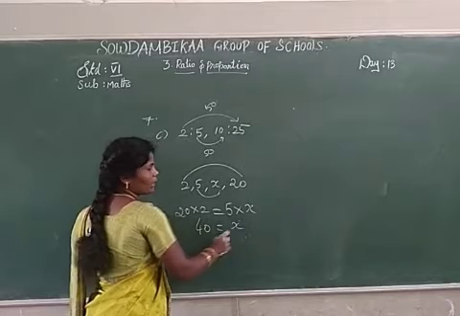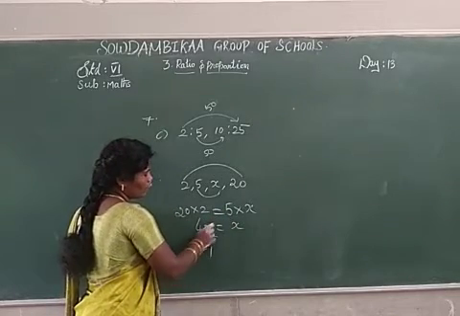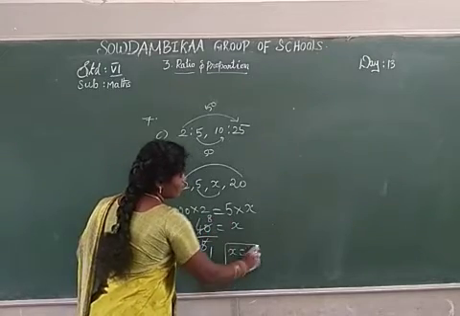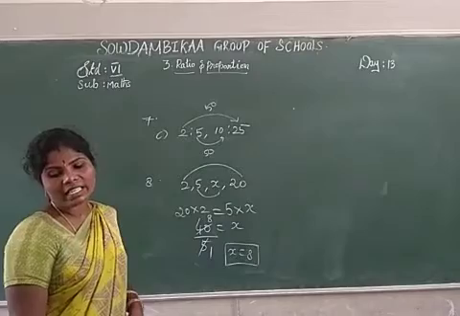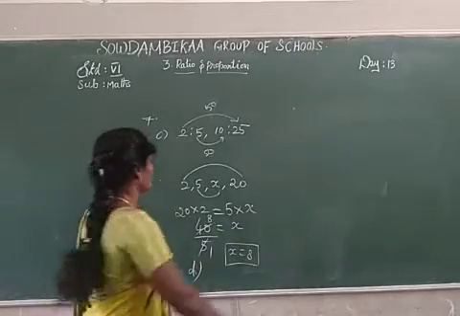Keep x on one side: x is 40 divided by 5. 8 5s are 40. So x is 8. The answer is D.